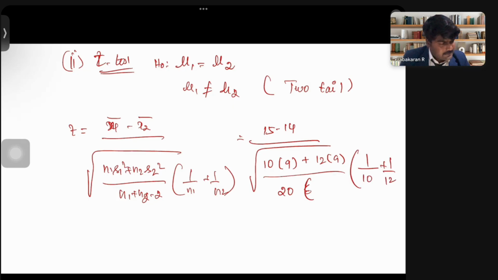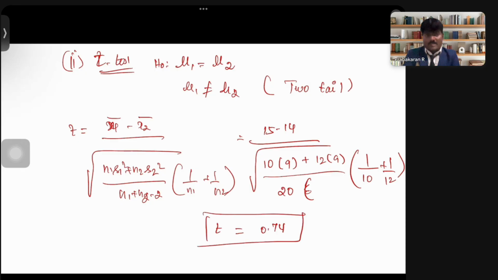The value is approximately 0.74. This is the t value, the test value.